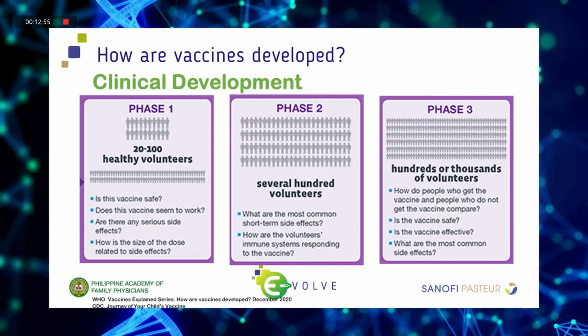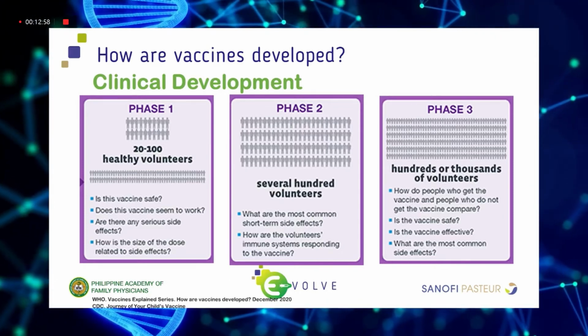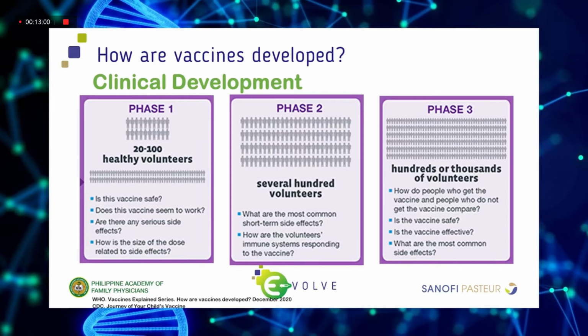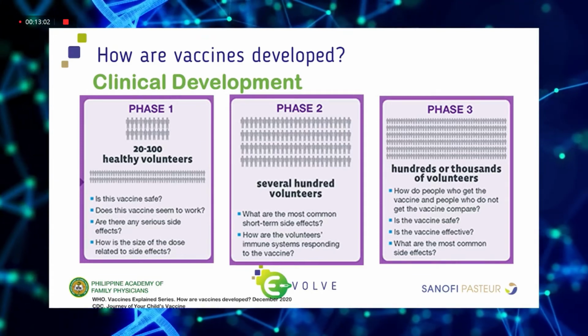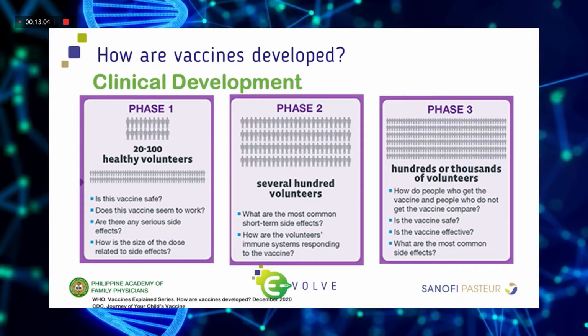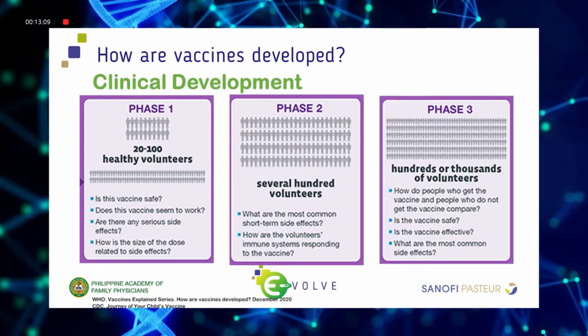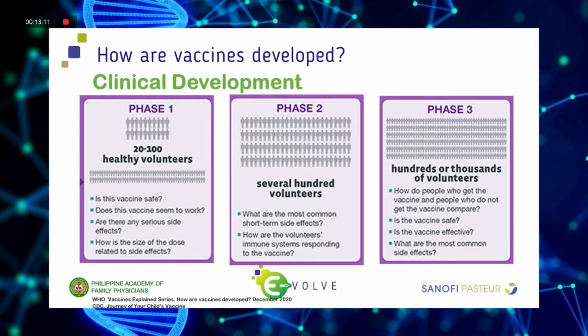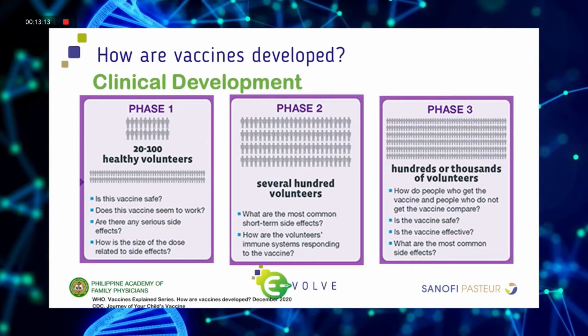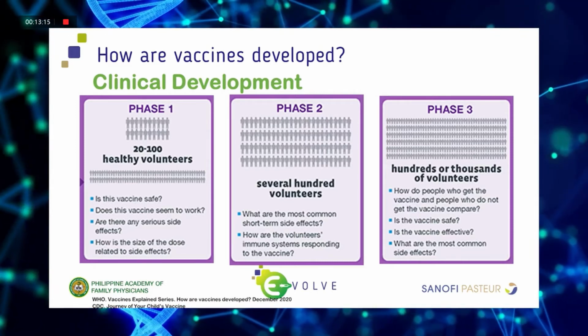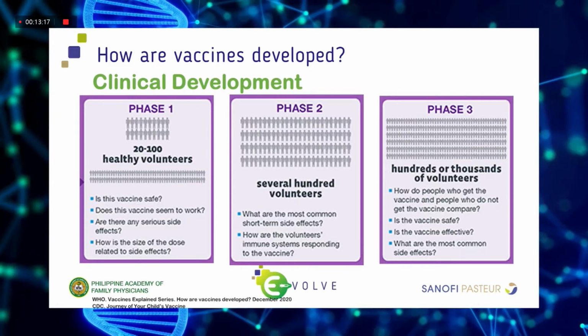For example, the number of cases of disease in the vaccinated group is compared to the number in the control group to see whether the vaccine reduces the incidence of disease. These studies also provide information about the vaccine's safety, including the identification of less common side effects.